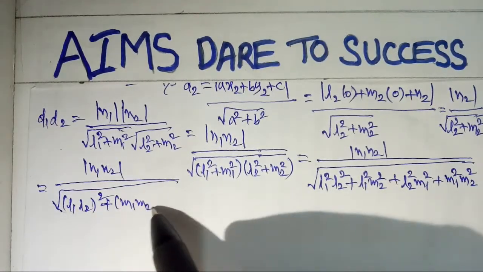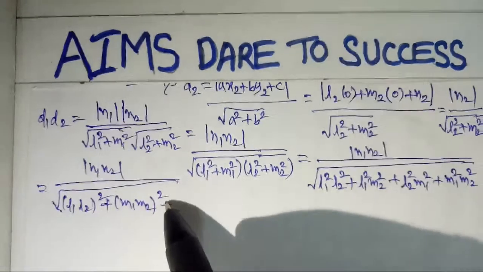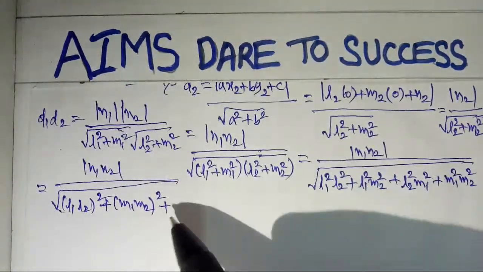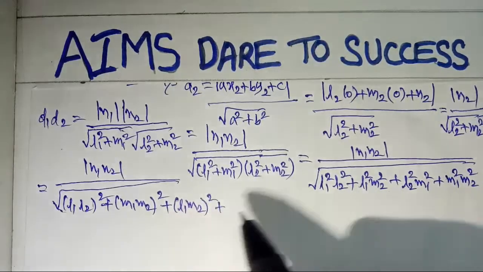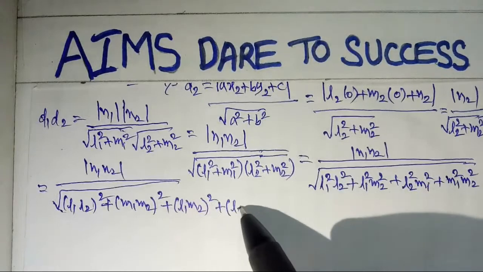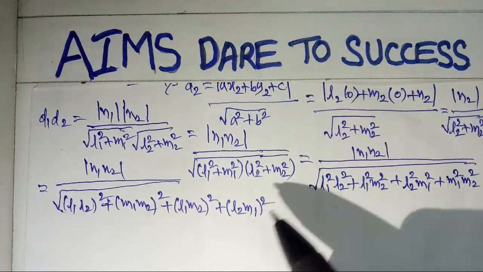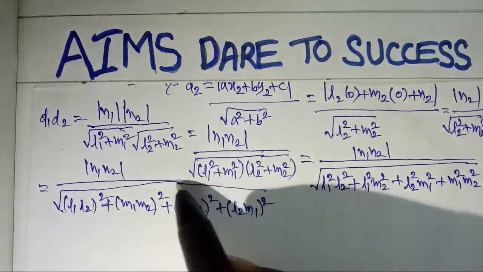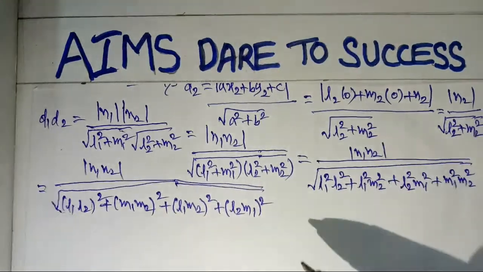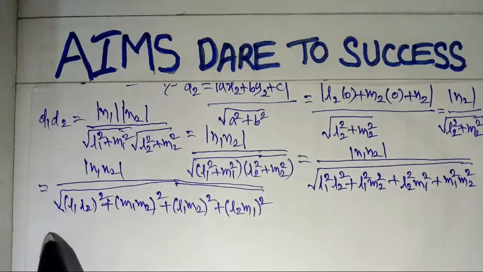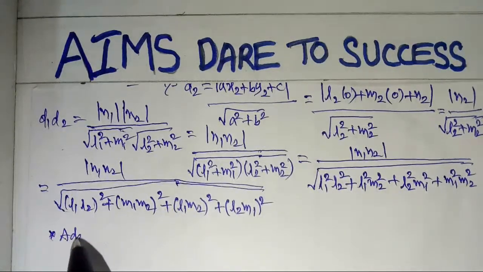M1 square M2 square is M1 M2 whole square. After that, the middle two terms: L1 square M2 square is L1 M2 whole square, plus L2 square M1 square is L2 M1 whole square.